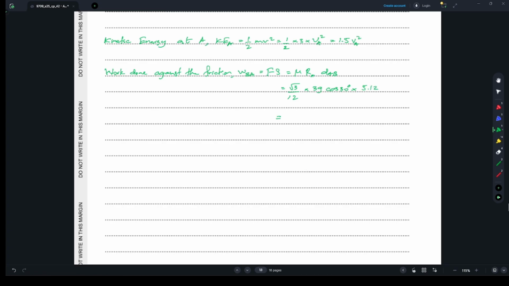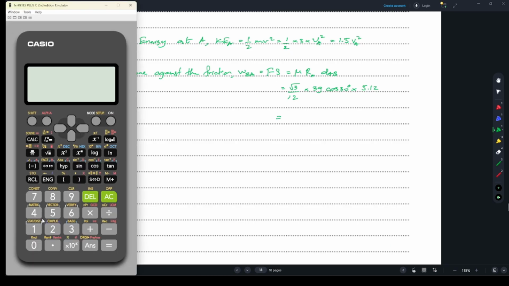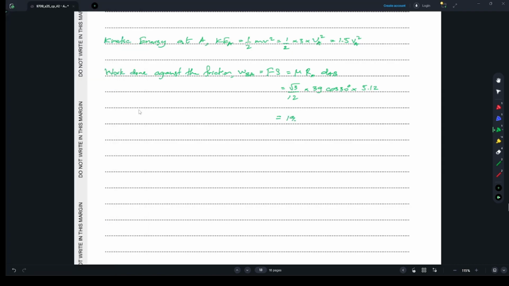So you can simplify it here: root 3 over 12 times 3g, which means 30, and then cos 30 times 5.12. So it is 19.2. Let's write 19.2 joules.